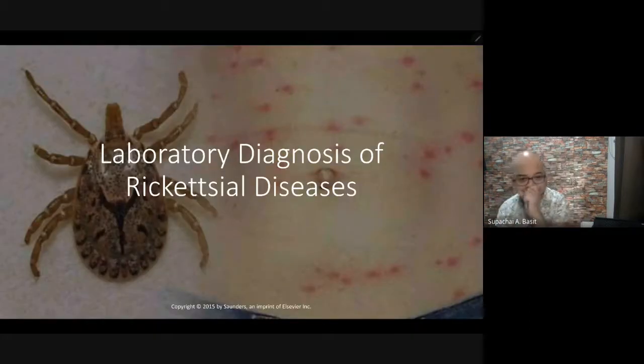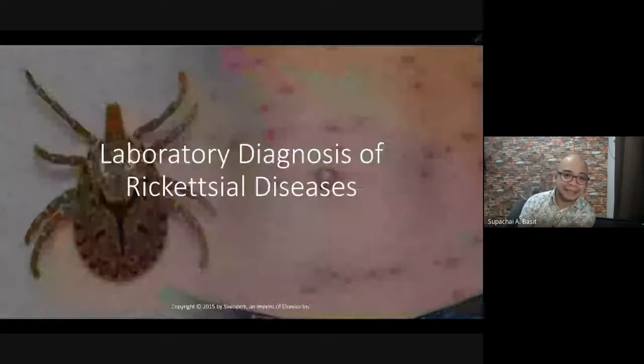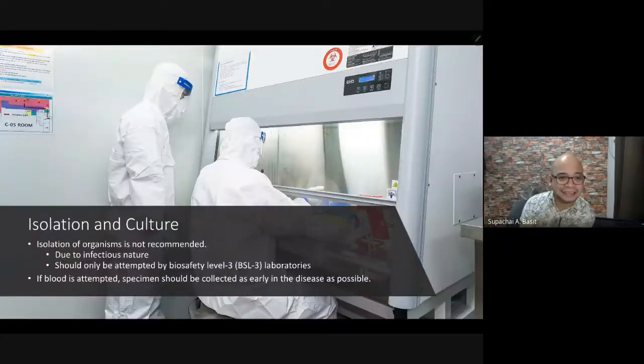So let's discuss now the laboratory diagnosis of rickettsial disease. A while ago, I told you that culture is dangerous. That's the reason why isolation of the organism is not recommended for routine purposes.